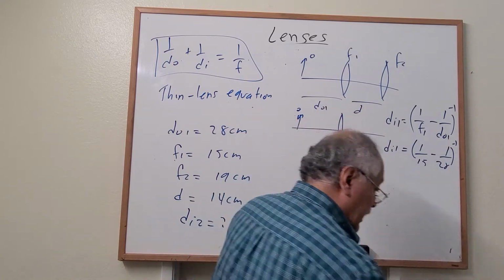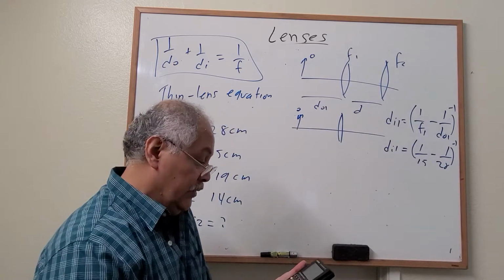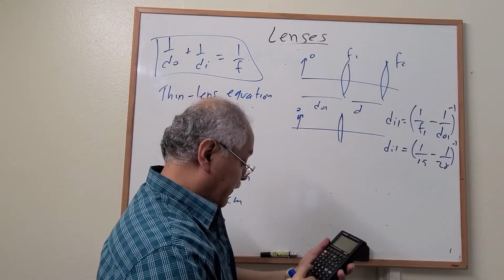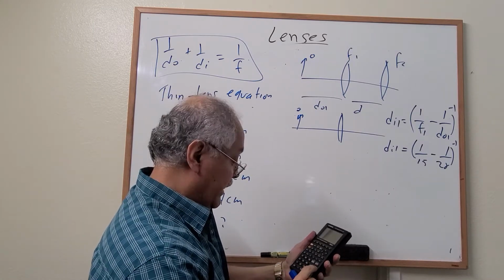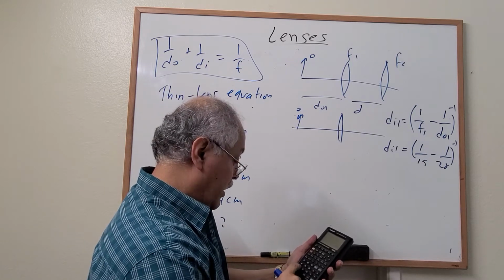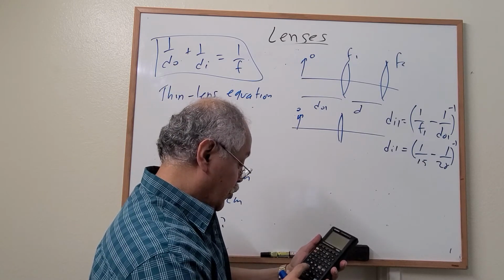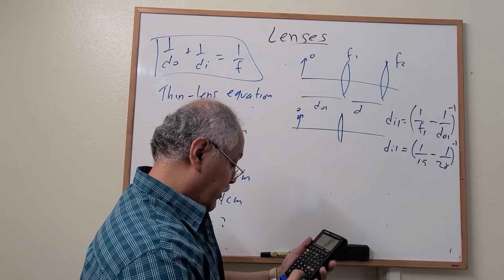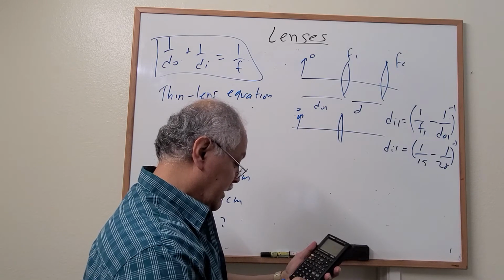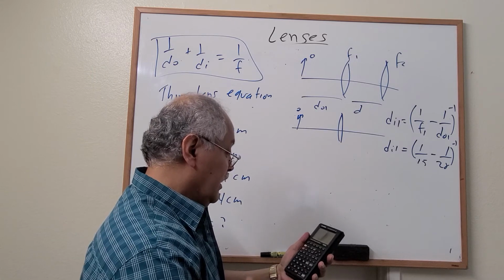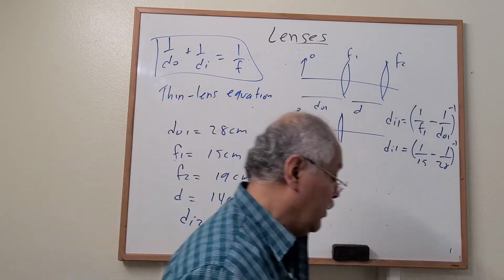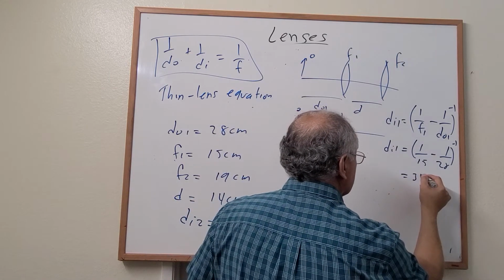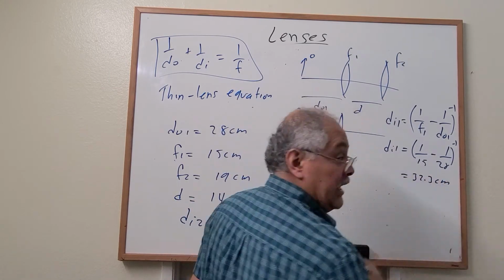Let's take the calculator. It's 1 over 15 minus 1 over 28, and now the inverse. Equals 32.3 centimeters.